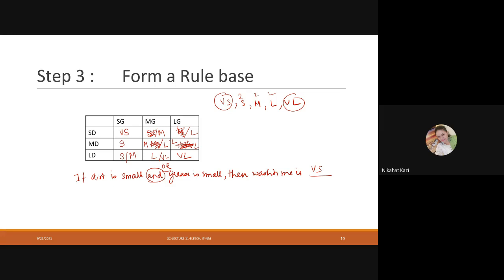Why I'm not making this very long is because I just want to restrict it to 1. Same logic, since this is large dirt, I can make this medium. Then this will be long, and then this will be very long.